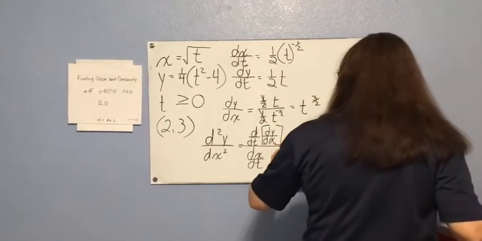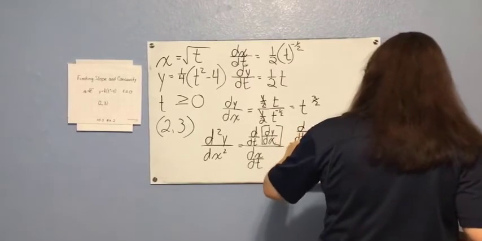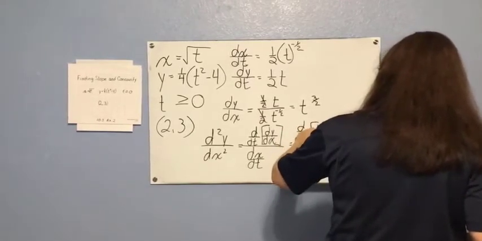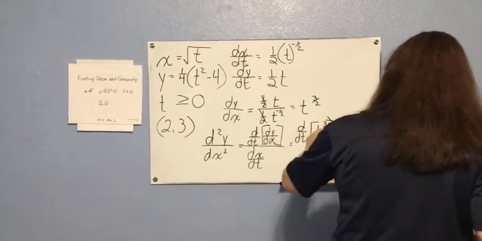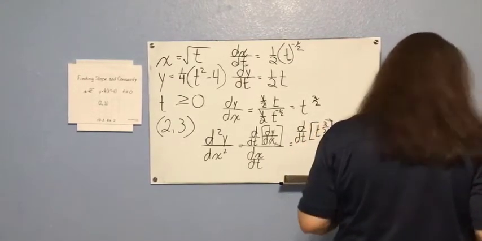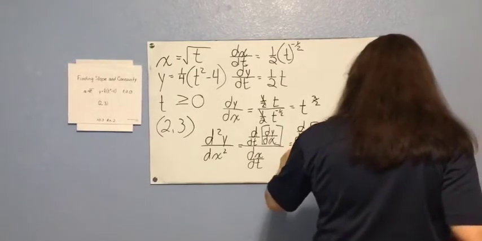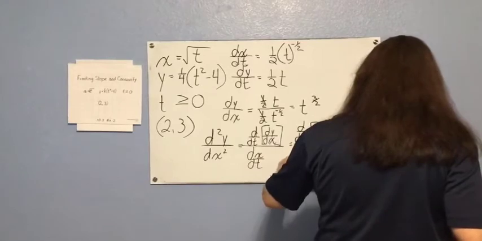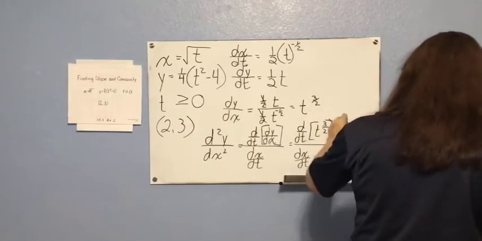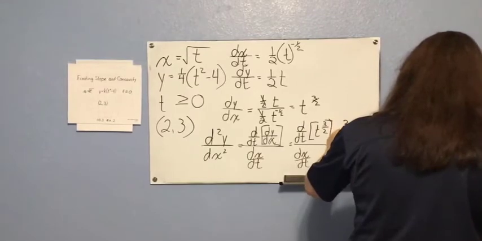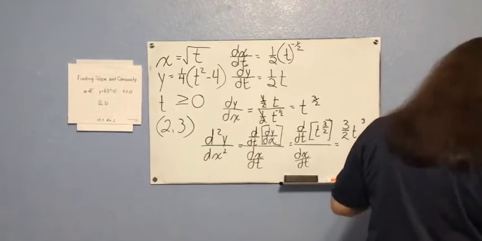Okay, and then we're going to substitute in here and have d dt of t to the 3/2 over dx dt. So the derivative of this is 3/2 t to the 1/2 power.